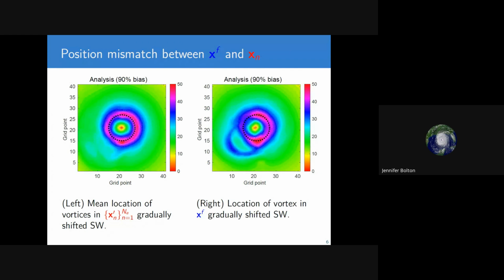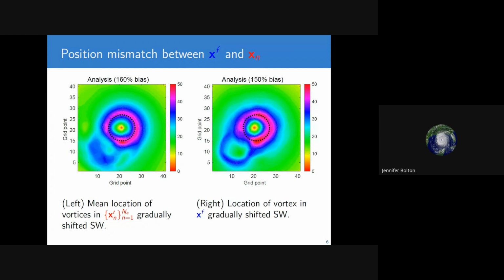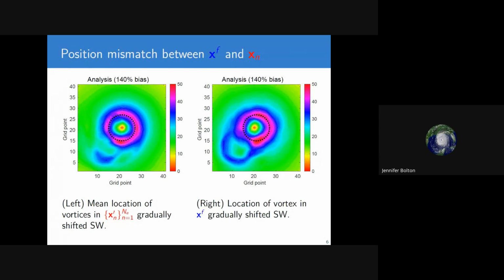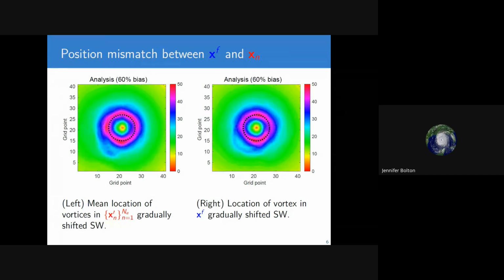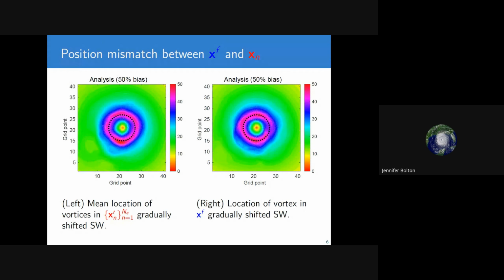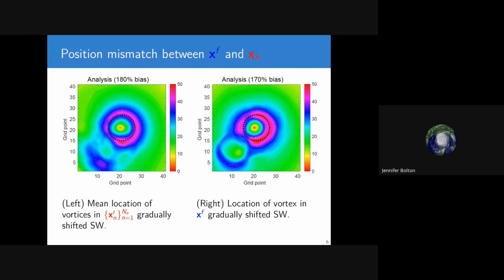On the left, I have a perfectly relocated storm for XF, but then for XN, I give it a southwest bias, and so I separate it from what the first guess has. On the right, I keep the ensemble centered on the true storm, but I pull the first guess down to the southwest quadrant, and the dashed line just shows you the true Rmax that we're trying to get to.